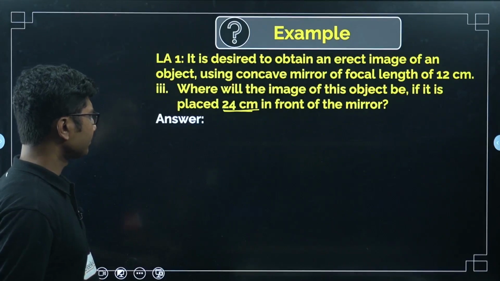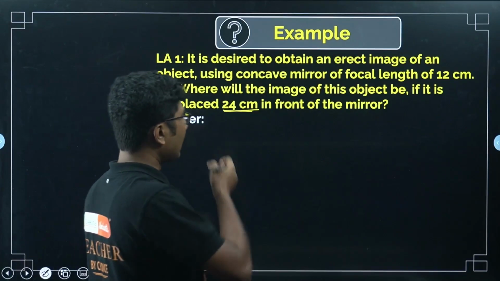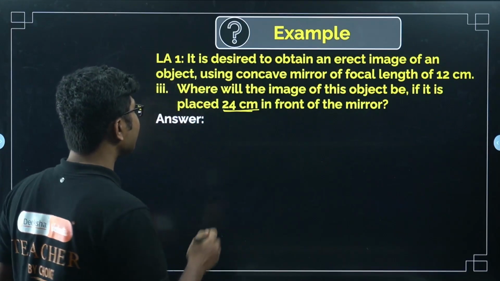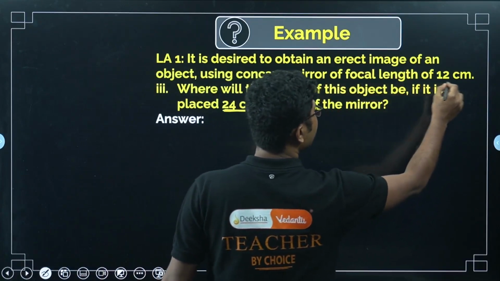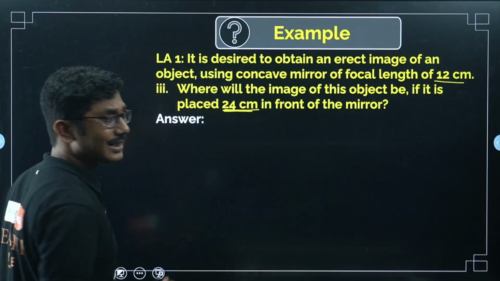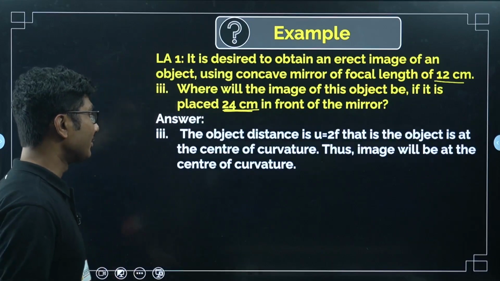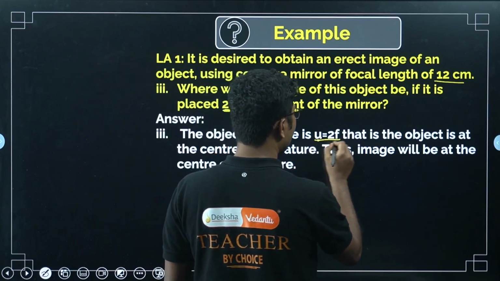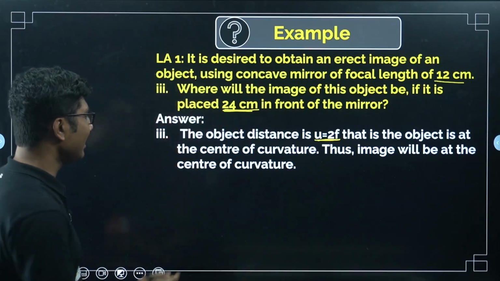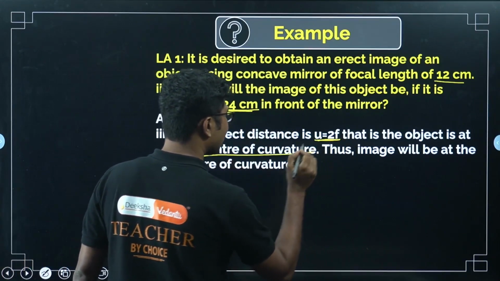Now, next part. If the object is placed at 24 centimeter, we can see that 24 is basically double of 12 centimeter. So this is nothing but the radius of curvature. So we know that the object distance is u equals 2f, that is, the object is placed at the center of curvature of the mirror.